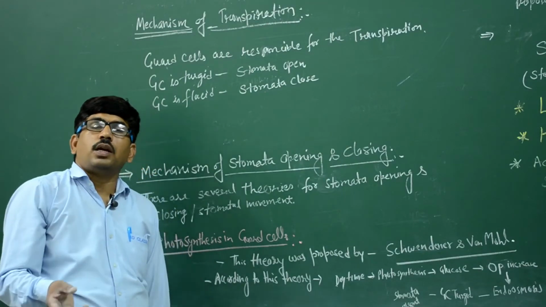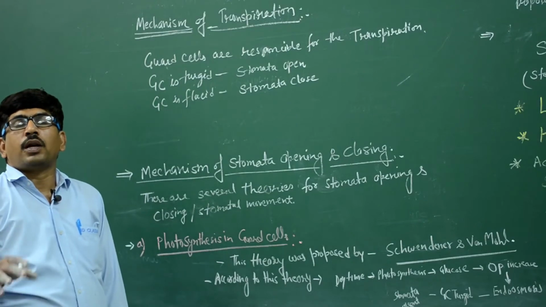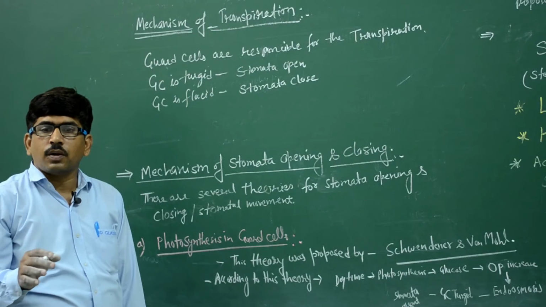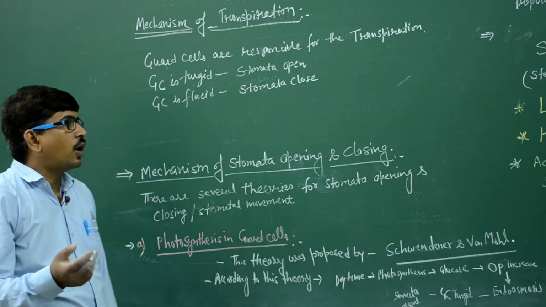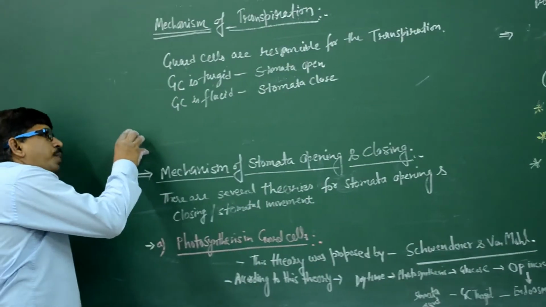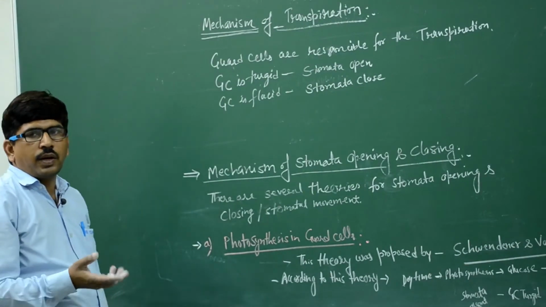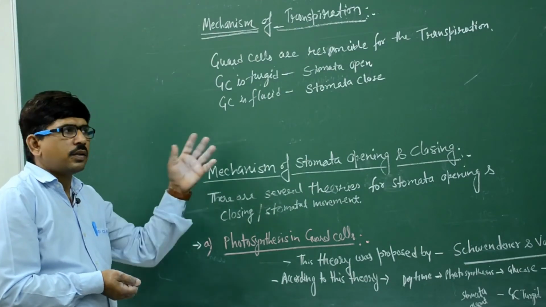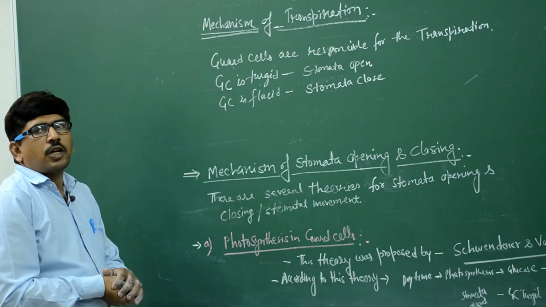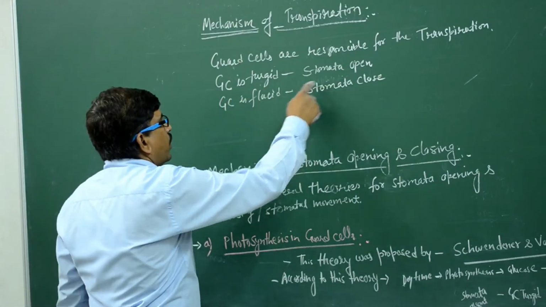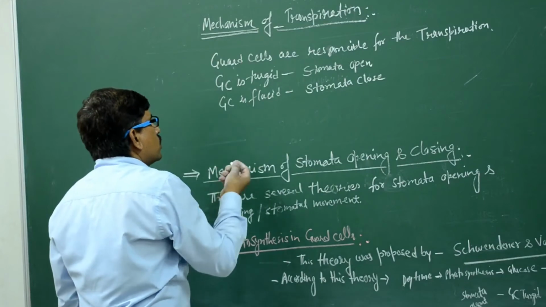So transpiration depends on the opening and closing of stomata. The stomatal movement from morning to evening and at night, several processes represent the transpiration. So we can say guard cell turgid, stomata open; guard cell flaccid, stomata closed.